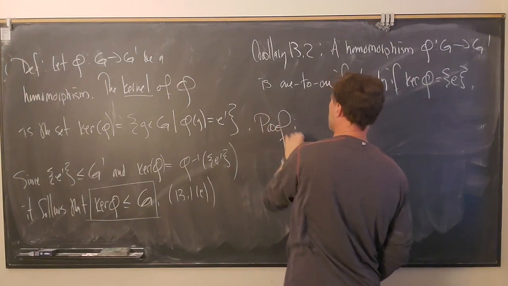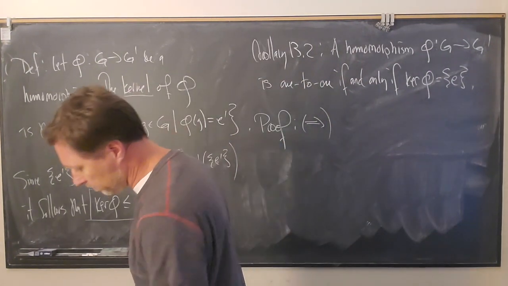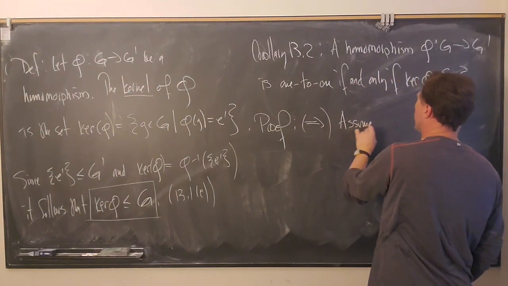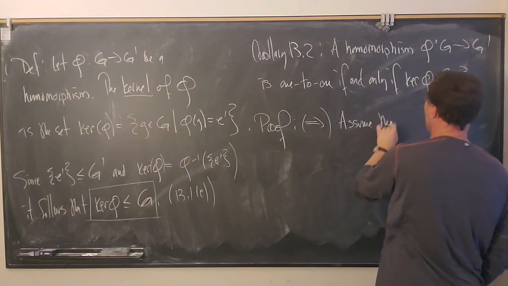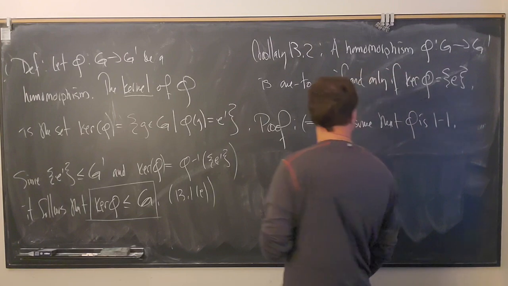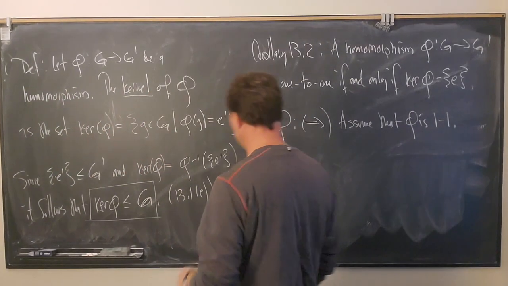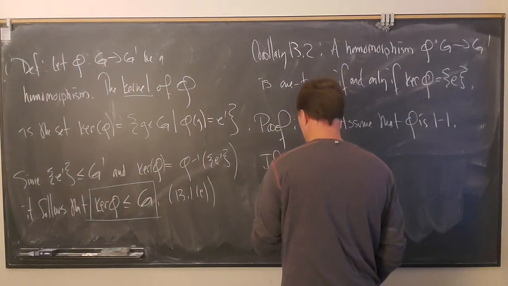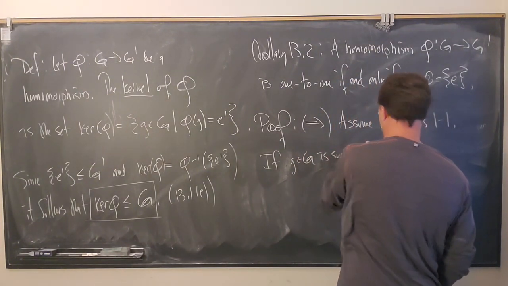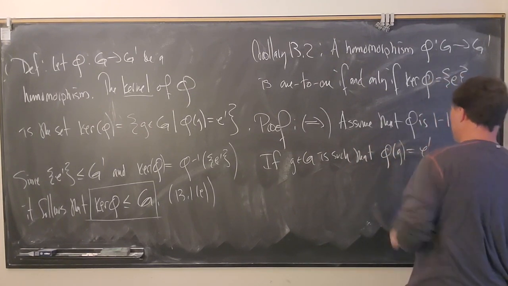There's something to prove here, and this is an if and only if statement, so we need to go both forwards and backwards. In the forward direction, let's assume that phi is 1-to-1. Now we need to look at the kernel. If g in capital G is such that phi of g is equal to E prime, then what do we know?